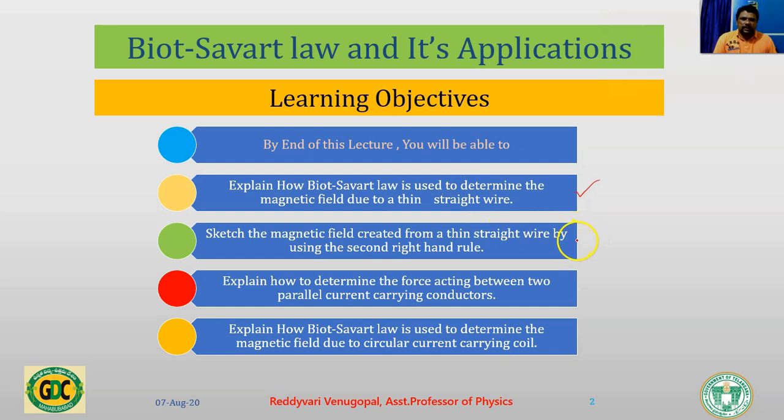We are also going to learn the magnetic field created from a thin straight wire by using the second right hand rule, and determine the force acting between two current carrying conductors, which should be parallel. We are also going to determine the magnetic field due to a circular current carrying coil. These are the things we are going to discuss today.